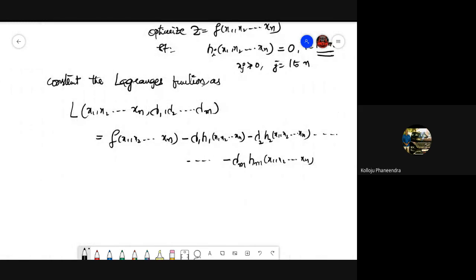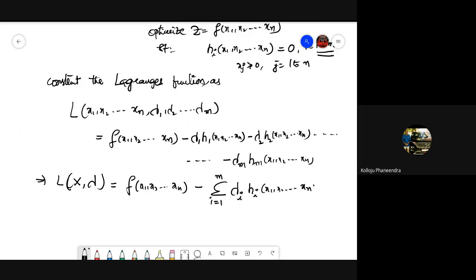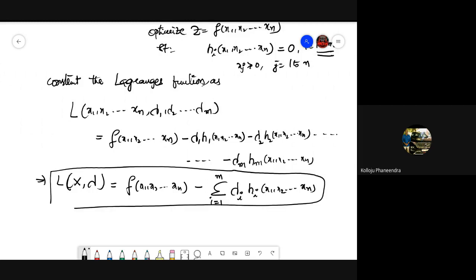So I will write this Lagrange's function in a short way. L of X, lambda equal to f of x1, x2, and so on, xn, minus the summation, i equal to 1 to m, of lambda i into hi of x1, x2, xn. This is the Lagrange's function.